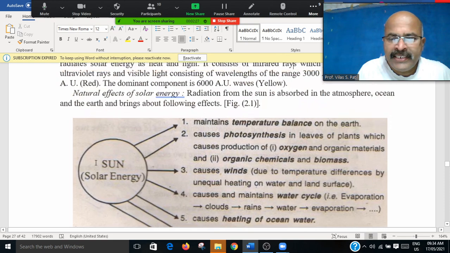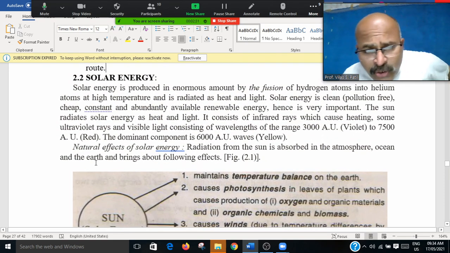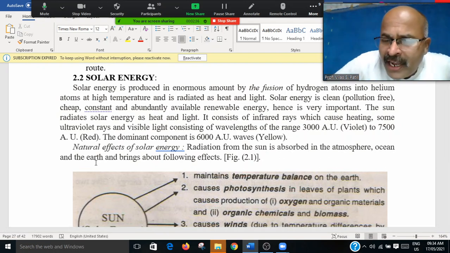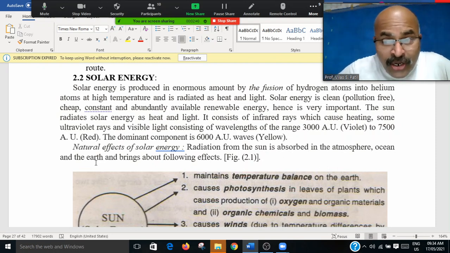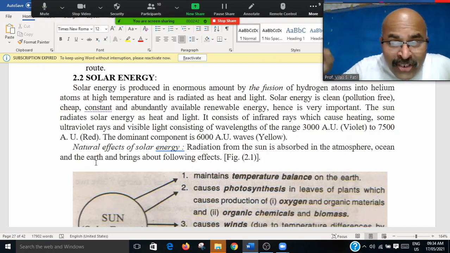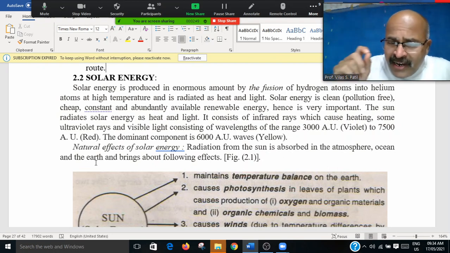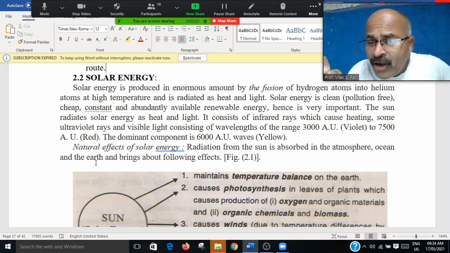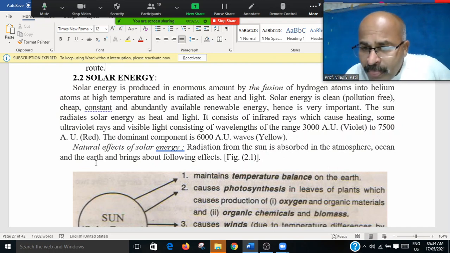Then I am going to solar energy. That is the roots of the solar energy. Solar energy is produced in enormous amount by the fusion of the hydrogen atom into helium atom at high temperature. You know that on the sun's surface, continuous bombarding is to be observed. Why?